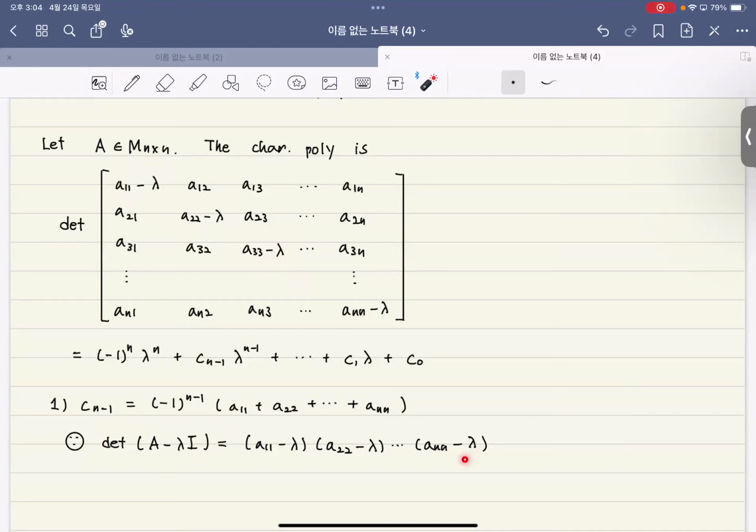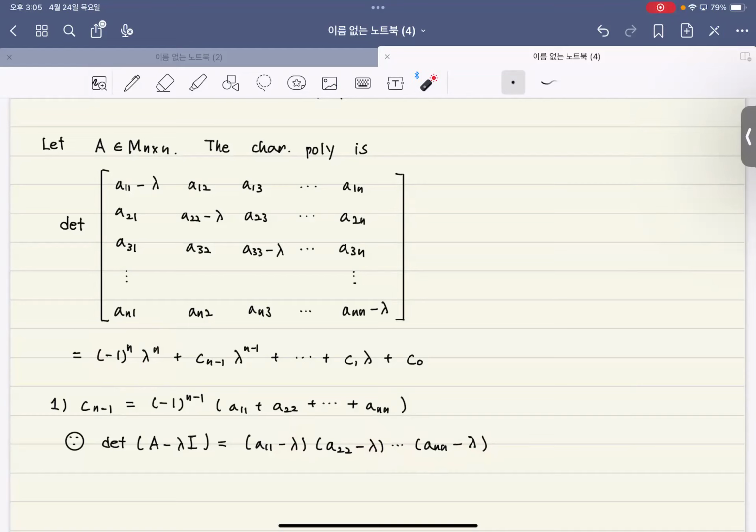This is the first term that comes to mind in computing the determinant. If you multiply all these negative lambdas together, you get the leading term. This is the only way that you can achieve the leading coefficient in this degree n polynomial.